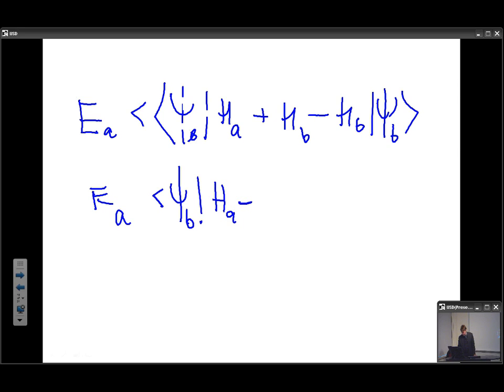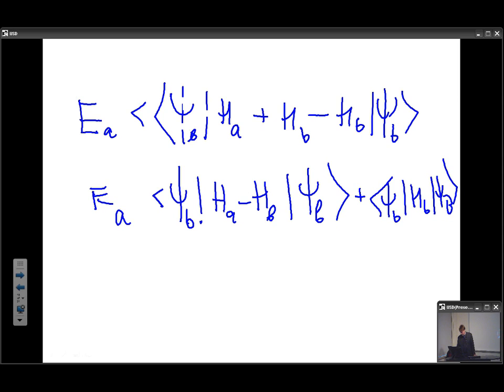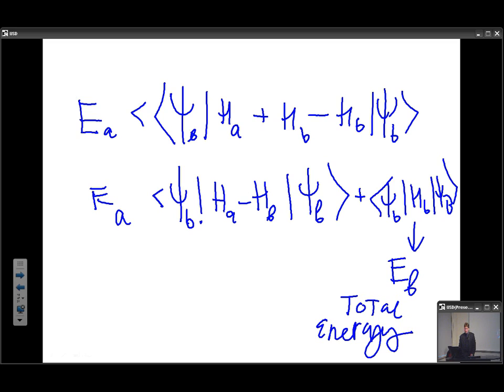we get a difference of Hamiltonians, and we get psi B H B psi B, which is equal to the total energy for the external potential B, for Hamiltonian B, for wave function B. So how can we verbalize it?